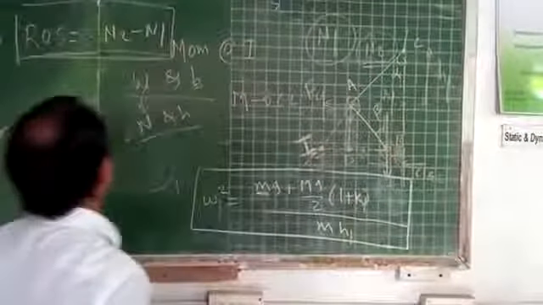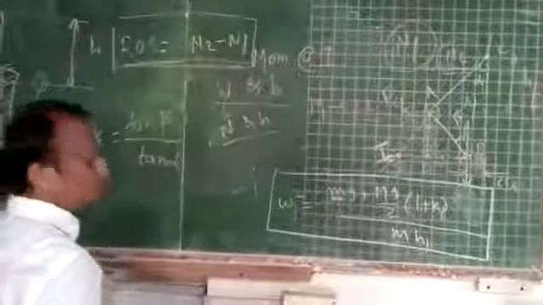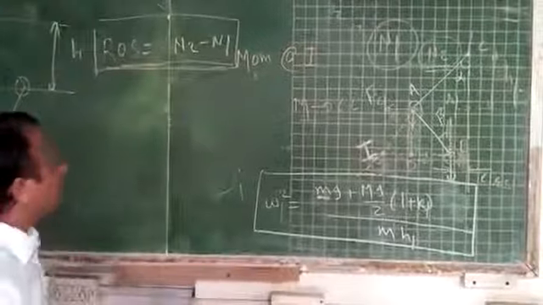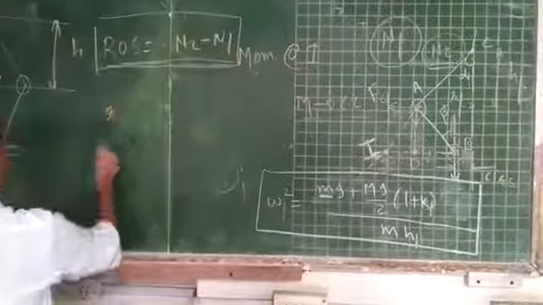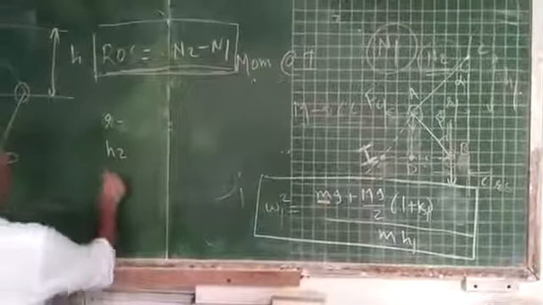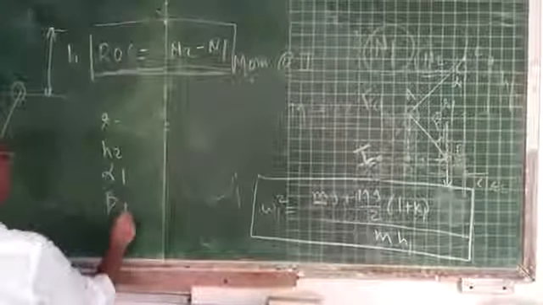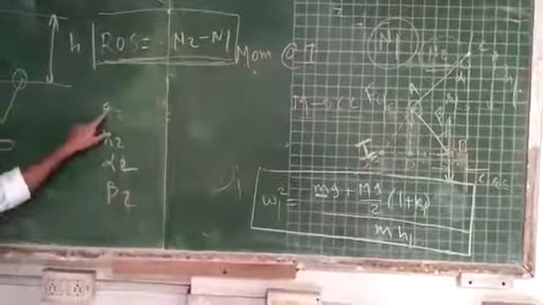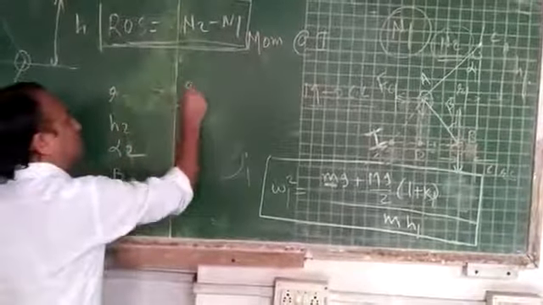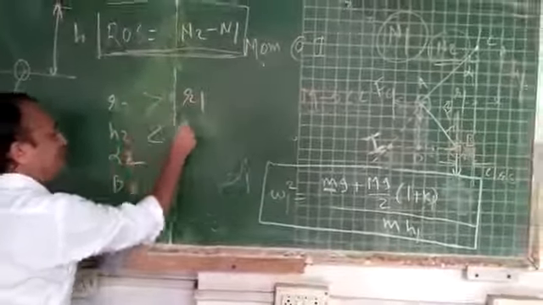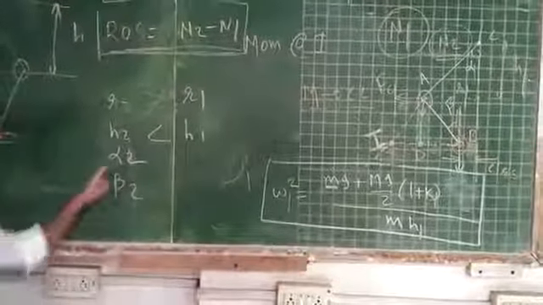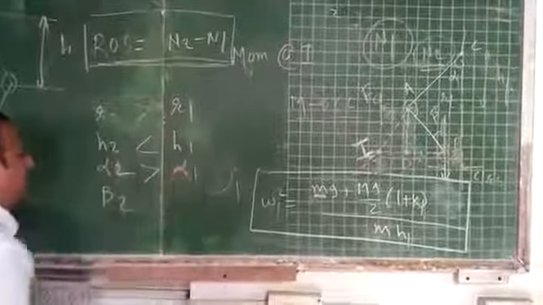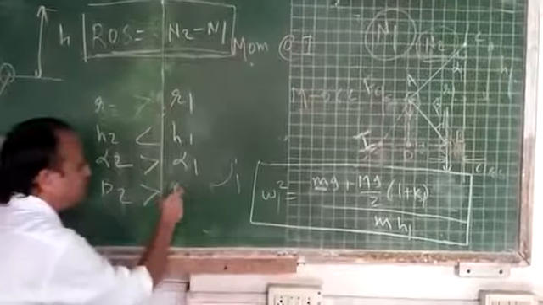Listen, student, at maximum speed I am taking R2, H2, alpha 2, beta 2 as notation. So R2 is always greater than R1. H2 is less than H1. Alpha 2 is greater than alpha 1. Beta 2 is greater than beta 1.